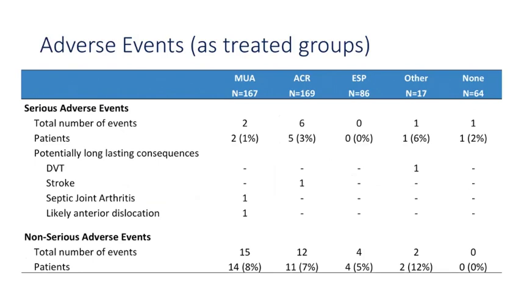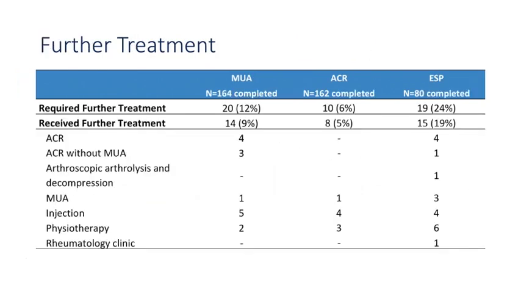In terms of risk profile, overall the adverse events and the serious adverse events are actually very low across all three groups. But overall the ESP, or the non-surgical pathway, was the safest of the three, and the capsular release pathway carried higher risks than the other two pathways.